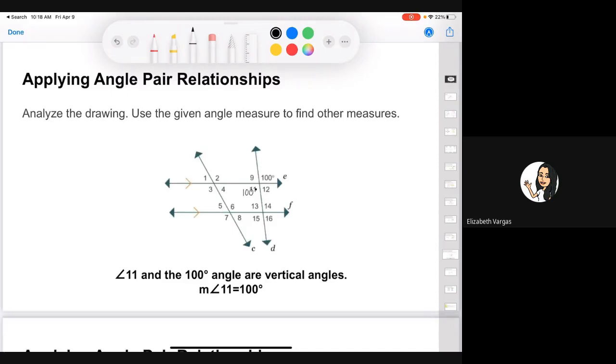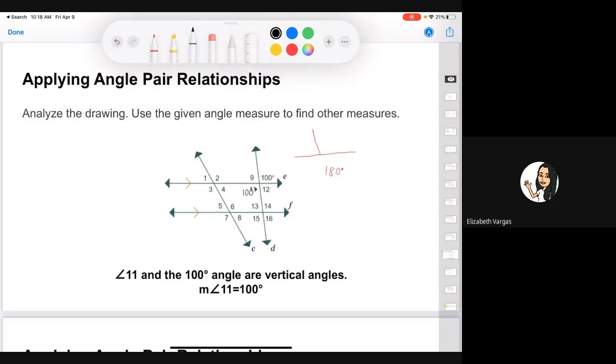So now I want to identify all my missing angle measures. Well, what I can identify here is that I have pairs of supplementary angles. Remember, the supplementary angles are two angles that form a straight line. And these angles, because they form a straight line, are equal to 180 degrees.